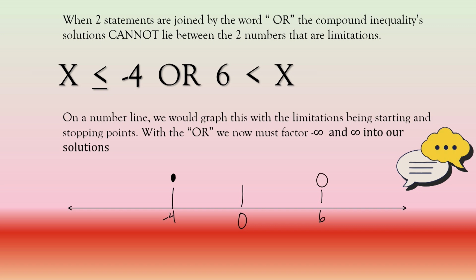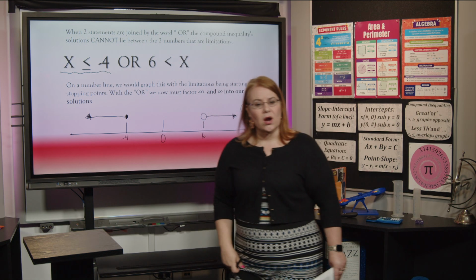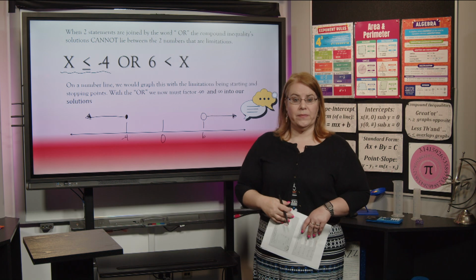So we're going to graph. It says right here that my unknowns are smaller or equal to, so I'm graphing here. It also says that my unknowns are bigger than 6, so I'm graphing here. What could we say my limitations are? What could we say my boundaries are?